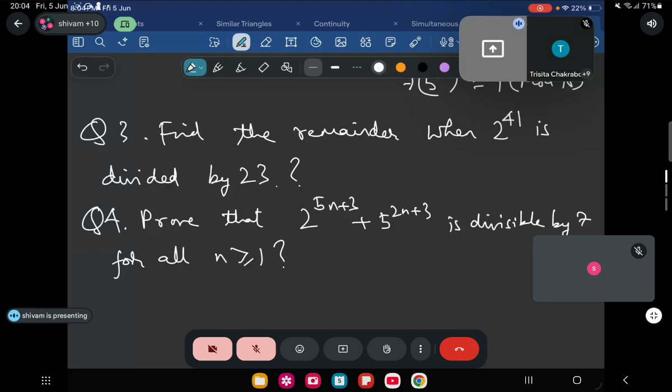Trishita, your answer is correct. Venkat, your answer is correct. Niranjan, your answer is correct. What about others? Others also keep sending your answers.